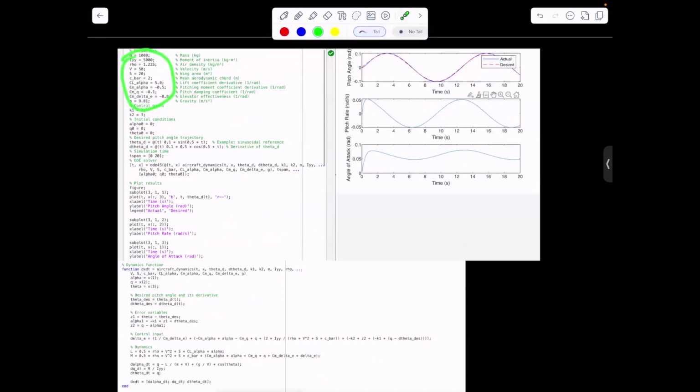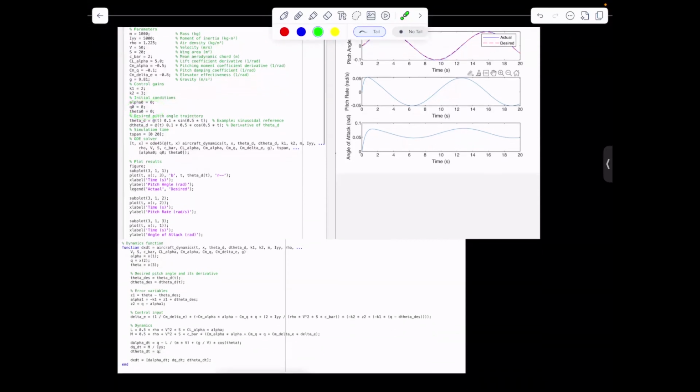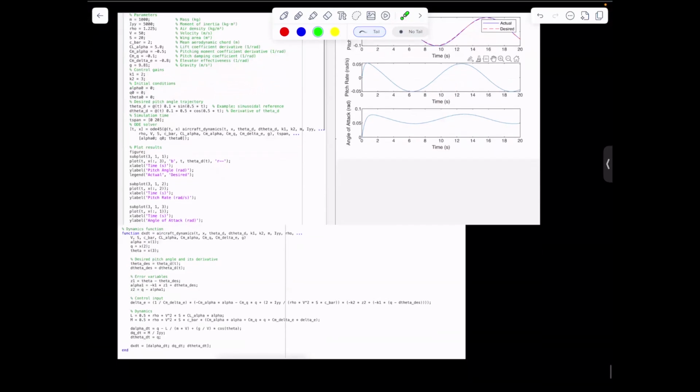The initial conditions for alpha, q, theta are chosen as 0. The desired pitch angle and the desired theta dot we have chosen like this, and the total simulation time is 20 seconds.